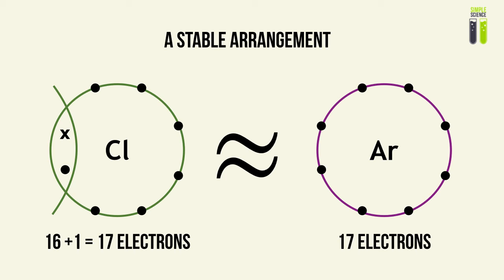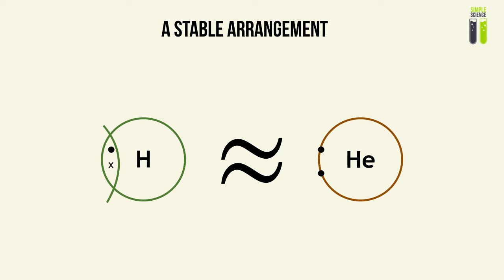That total is electronically equivalent to the number of electrons in an argon atom. That's where we get the idea of tending towards noble gas structures, such as how hydrogen tends towards the noble gas structure of helium.